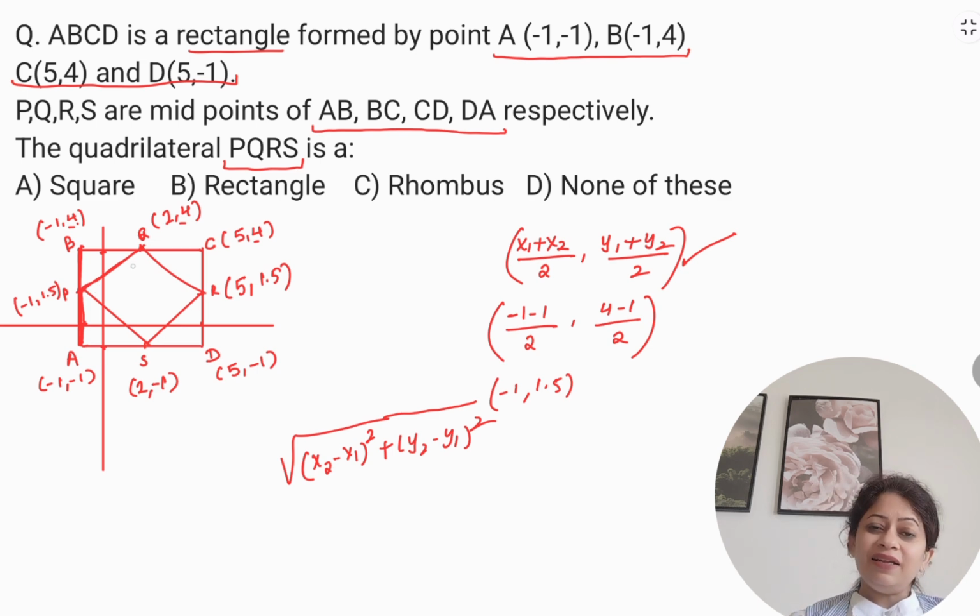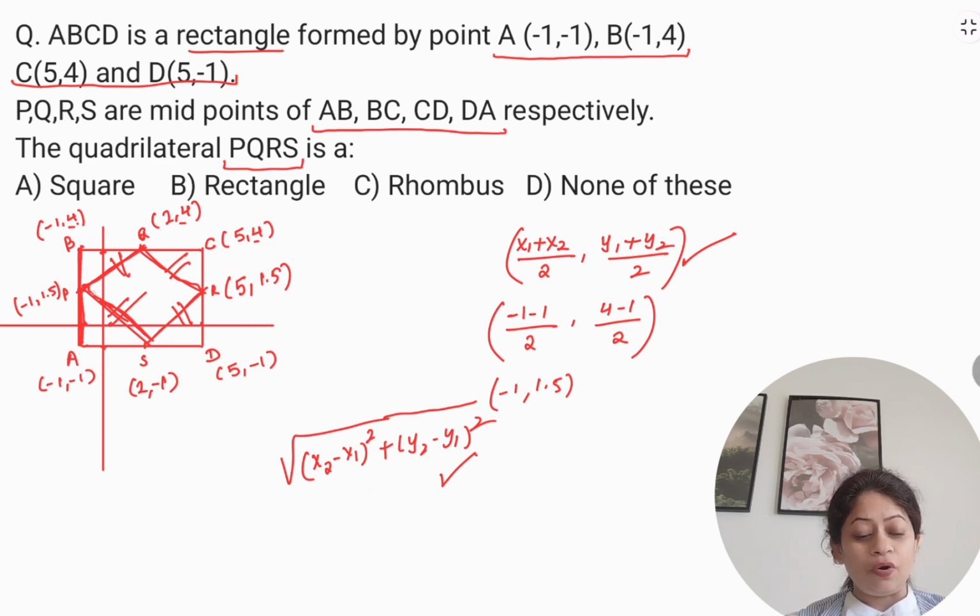Or you can just observe the symmetry, that these two sides are equal and these two sides are equal, so all sides are equal. If you apply the distance formula, you will get the same result. If all sides are equal, it can be a rhombus or a square, depending on whether the angles are 90 degrees or not.